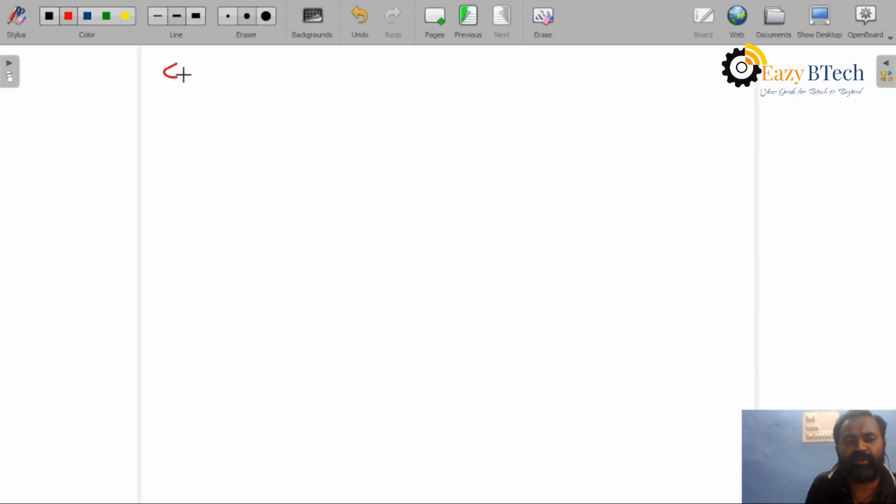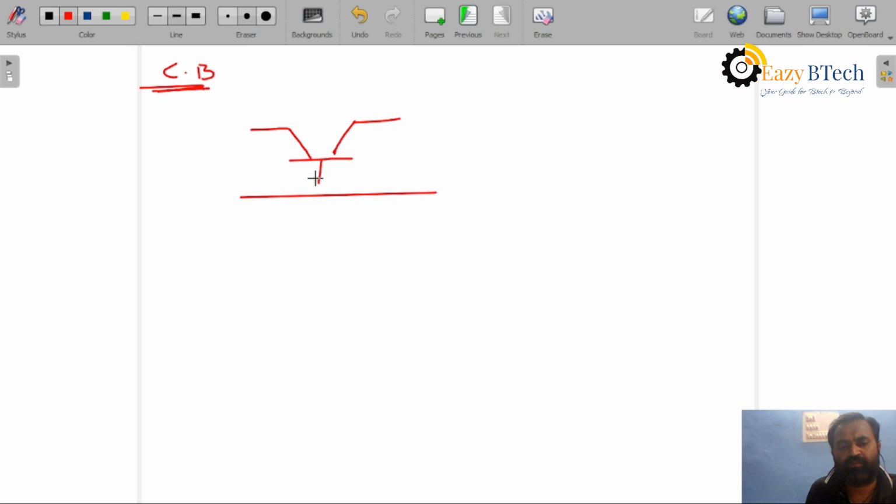Similarly, common base configuration. For common base, the base is common. Base is grounded. It is emitter. Input current is IE. Input voltage is VBE. Output is IC. Output voltage is VCB.